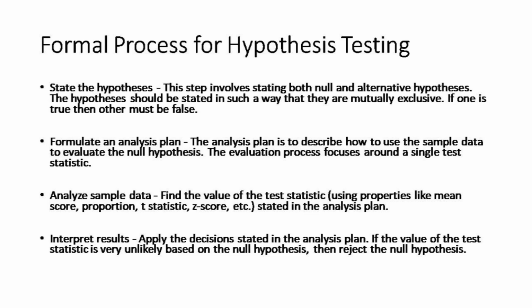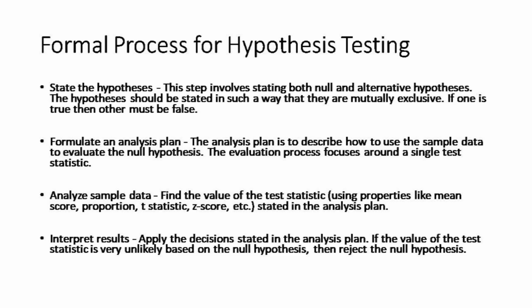The first step of the formal process is to state the hypothesis. This step involves stating both the null and alternative hypothesis. The hypotheses should be stated in such a way that they are mutually exclusive. So, if one is true, then the other must be false.